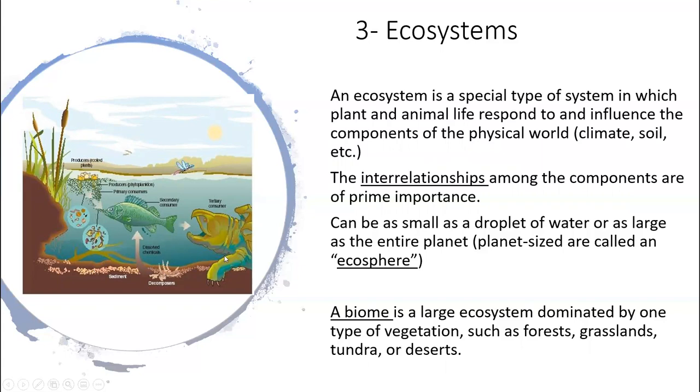All of this is an interrelationship between predator and prey, for example, between bacteria and living things, between living and non-living, because there are also the sediments that are deposited there. See what I mean, right? So ecosystem is really the interrelationship of everything.